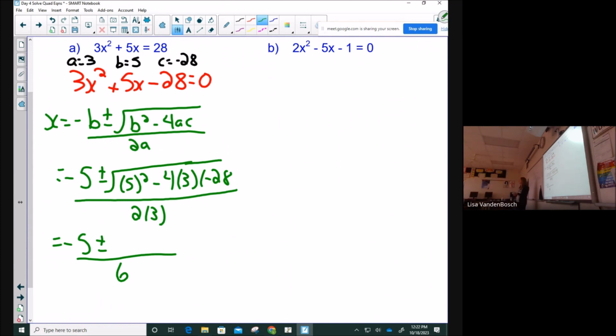Anybody get a number under the root sign? 17.64. Okay, before you did the square rooting, what did you get though? I got 361.